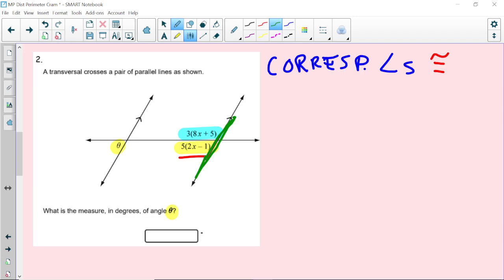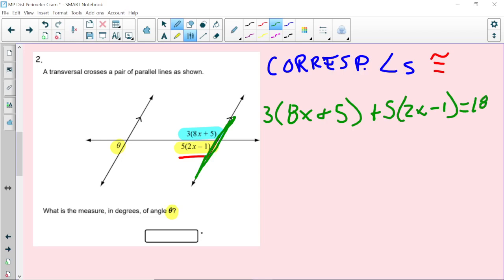So, like we did in number 1, we can do 3 parentheses 8x plus 5 plus my other angle and set it equal to 180. So plus 5 parentheses 2x minus 1 equals 180.